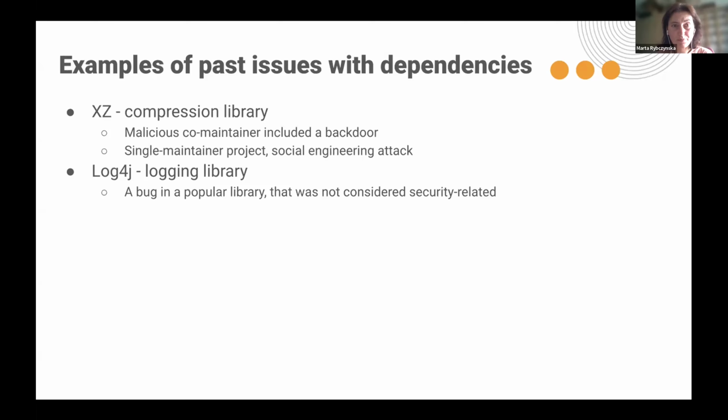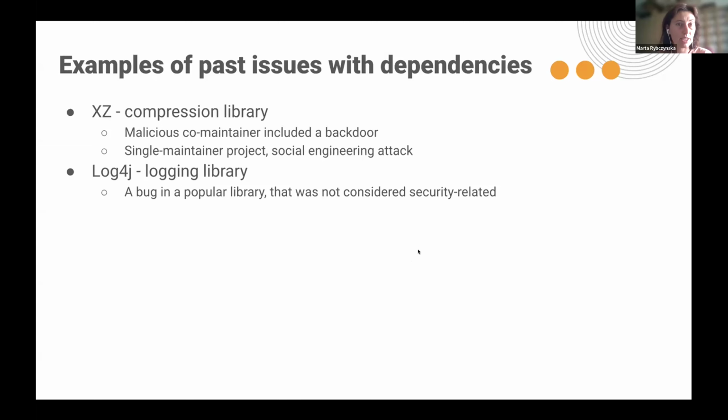The maintainer had health issues, and malicious actors managed to do a social engineering attack to include a malicious actor as a co-maintainer. During this social engineering attack, that malicious co-maintainer included a backdoor in the project. Fortunately, that was detected quite rapidly after it happened, but that shows us that such attacks are possible, and there are actors who want to invest 2 years of work into making it happen.